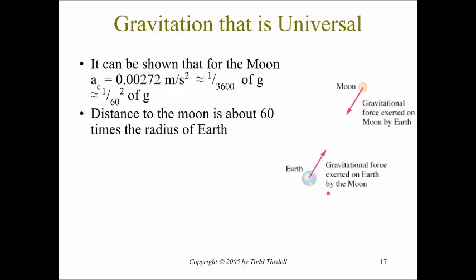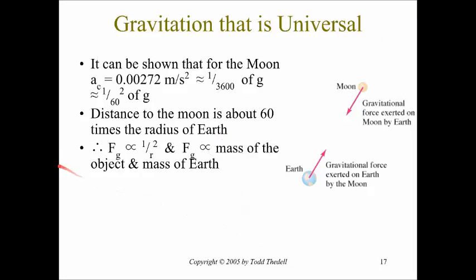It just so happens that the distance is about 60 times the radius of the Earth. So this is not drawn to scale by any means, because there's one radius right here, but you'd have to count out 60 of them, and it would be way off the screen. So it's been shown that gravity is proportional to 1 over the radius squared.